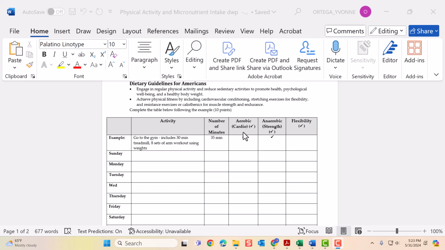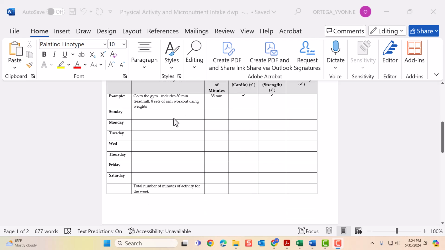So this table, you will be categorizing the exercises that you do, whether they're aerobic, strength, or flexibility. Some exercises are both. Pilates is a really good example of flexibility and strength. So you will have to determine which type of exercise the activity you did would be categorized. Give you a hint, walking is cardio.